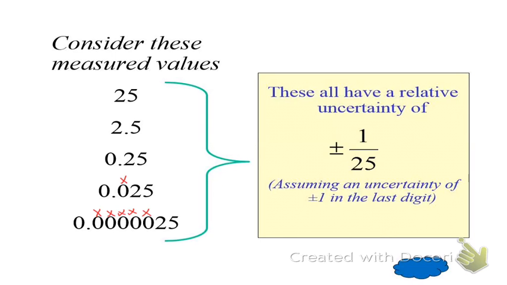If you were to do the exercise like I did a few slides ago with the relative uncertainty, you would come up with the fact that each one of these has a relative uncertainty of 1 in 25 parts. They all have the same relative uncertainty. They all have 2 sig figs.